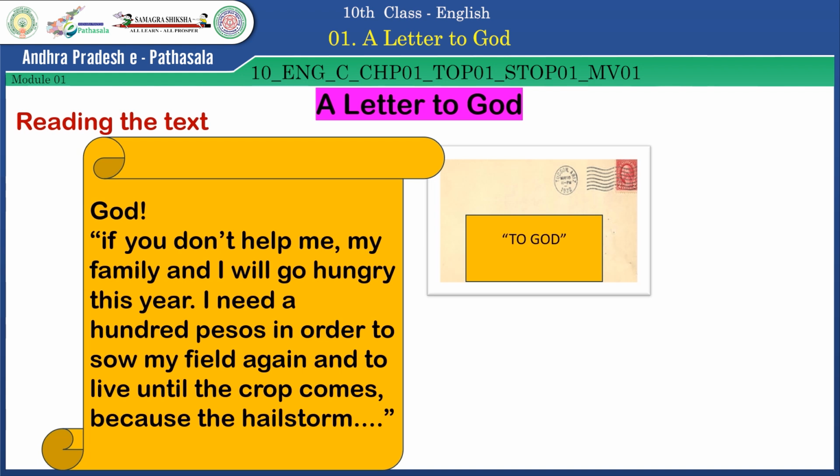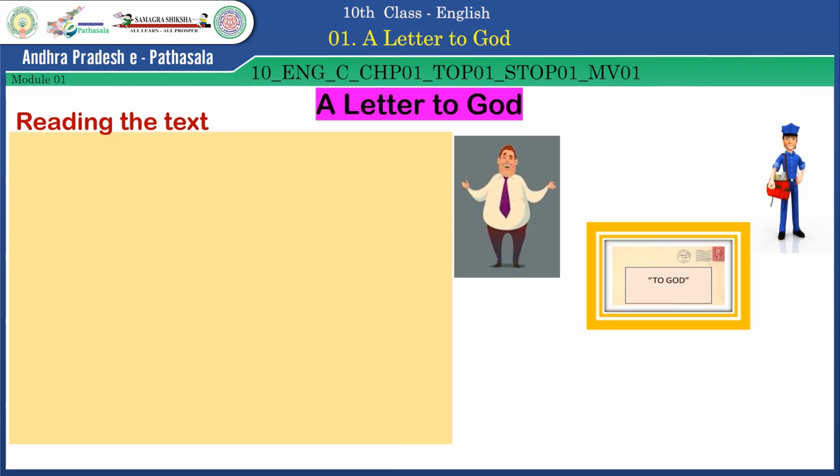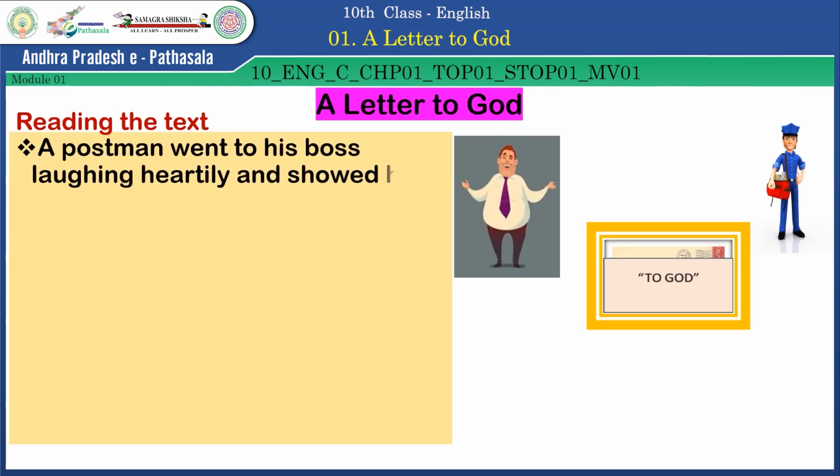Because the hailstorm dash dash dash. So just like this he wrote a letter, and on the envelope he just wrote to God. A postman went to his boss laughing heartily and showed him the letter to God.